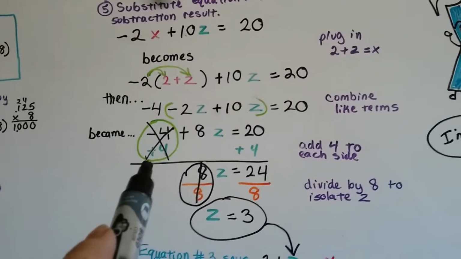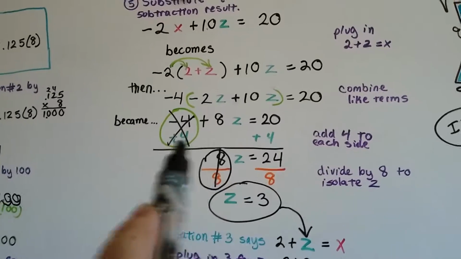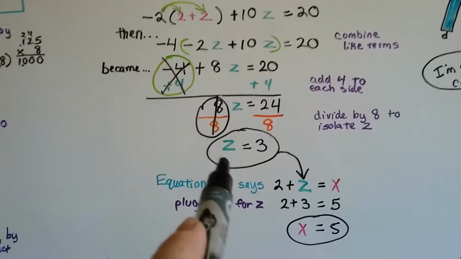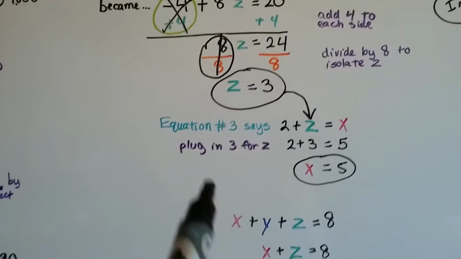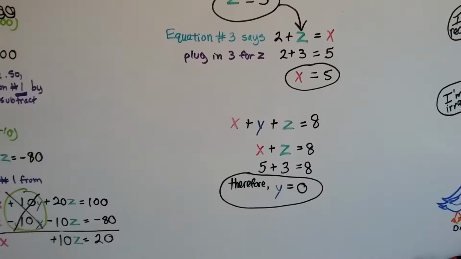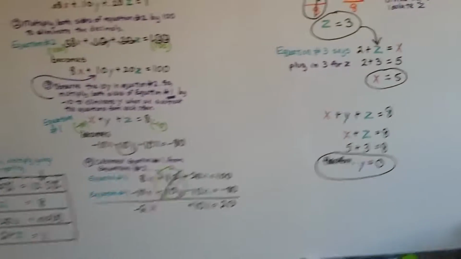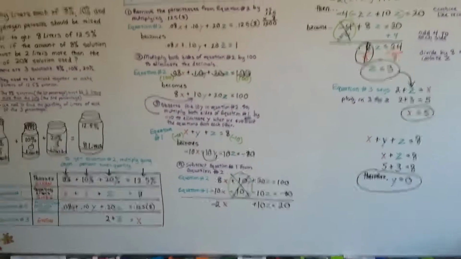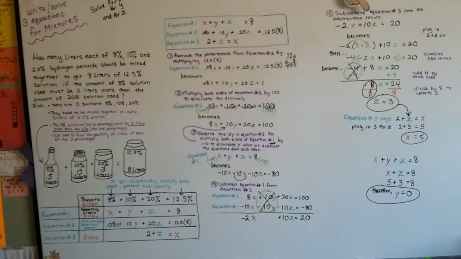We combined like terms. We did some inverse operations to simplify it. And we found out that z was 3. And because z was 3, it meant that x had to be 5. And that means that y had to be 0. And we have our answer to our solutions and how many liters we need.